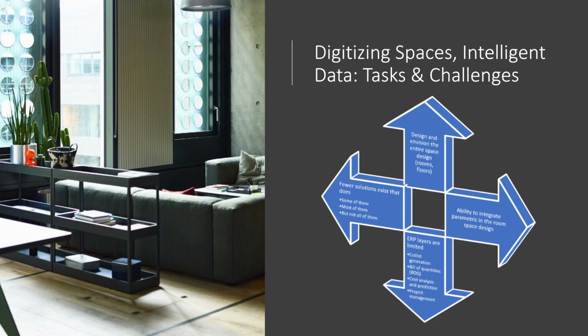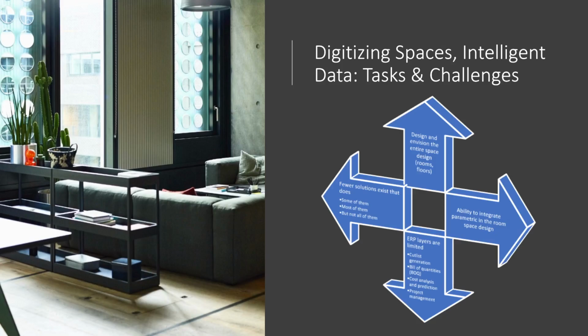So let us look at, in summary, the tasks and challenges faced by the industry so far. The primary task is to design and envision the entire space, and they need to have an ability to integrate parametric models in their space design.